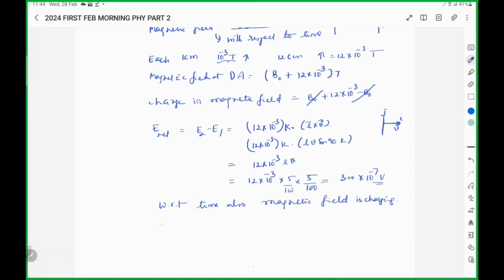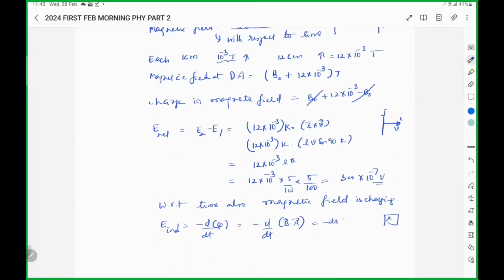So let us calculate what is the EMF induced due to change in the magnetic field with respect to time. That is B dot A. So here magnetic field direction and area direction, those two are parallel.